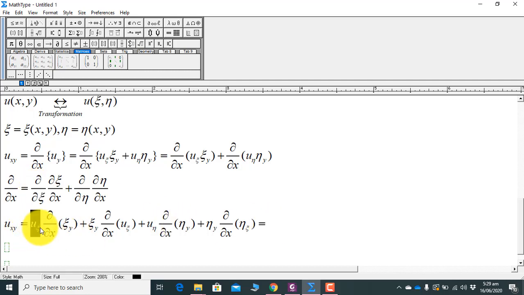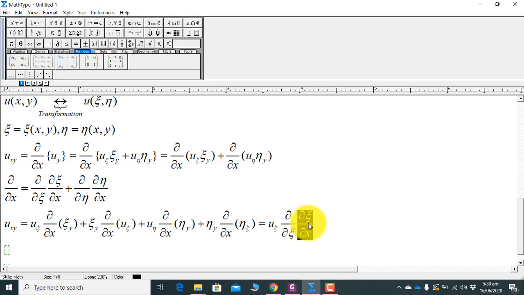We will get u_xi, and instead of partial over partial x we will get partial over partial xi, partial xi over partial x, partial xi over partial y as well.